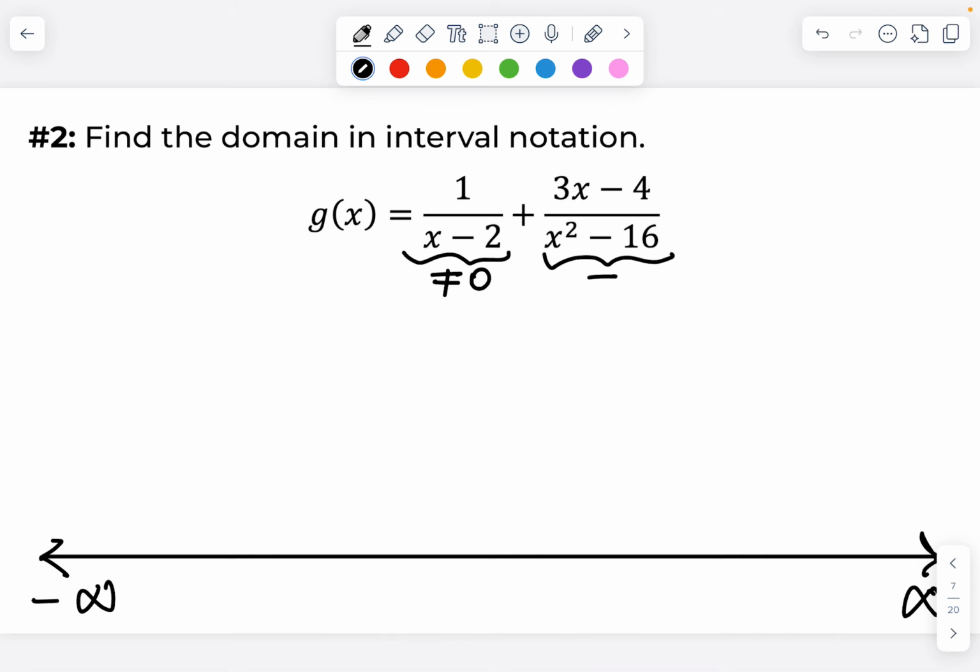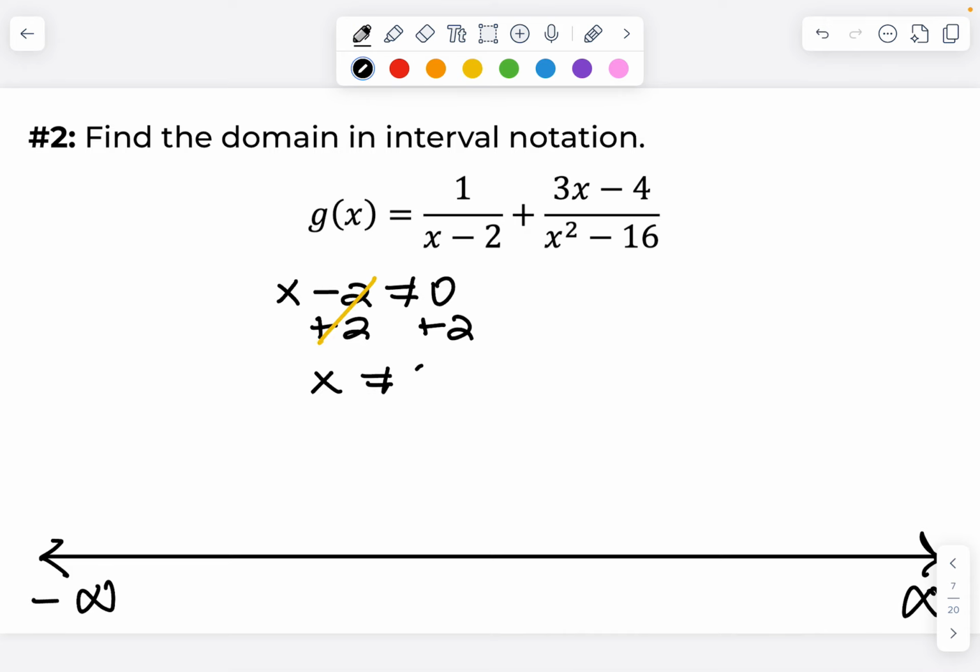We also can't have this denominator equal 0. So we've got to worry about both denominators, and we can worry about them separately. So I can take x minus 2 and set it not equal to 0. And then simplify here. By adding 2 to both sides, I get x cannot equal 2. So that's one part where I'm going to have an issue, at 2.